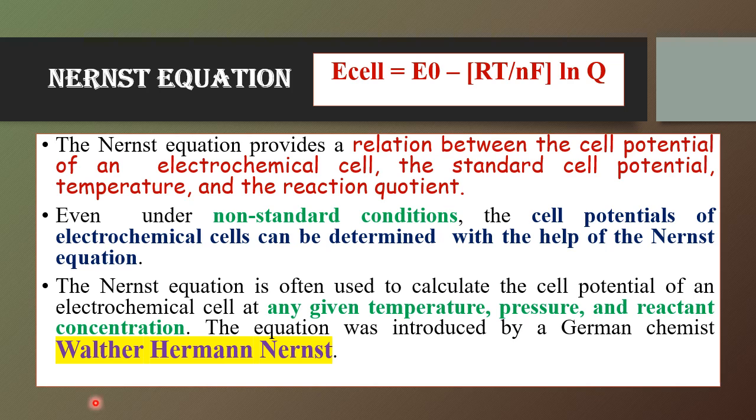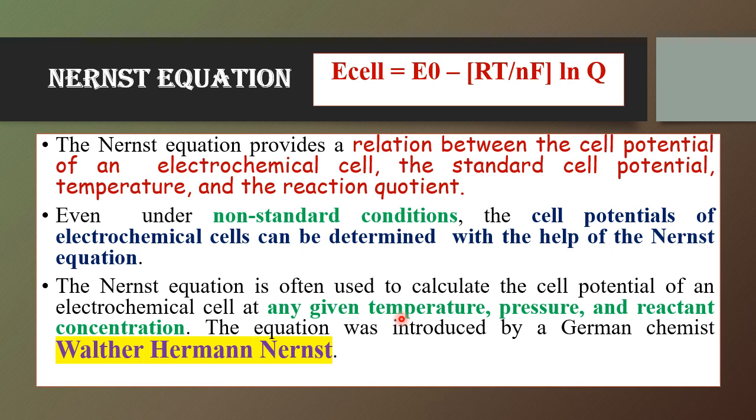This is the formula for the Nernst equation: E cell is equal to E naught minus RT over nF ln Q. The Nernst equation provides the relationship between the cell potential of an electrochemical cell and the standard cell potential, temperature and the reaction quotient.